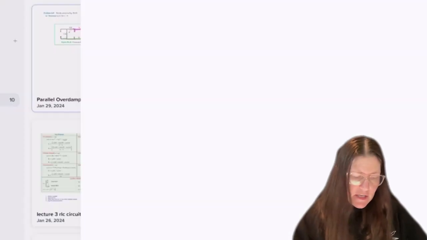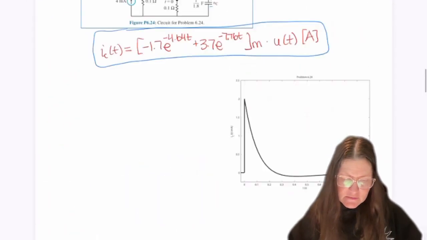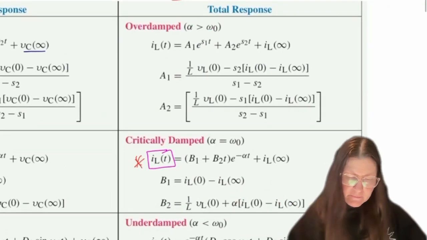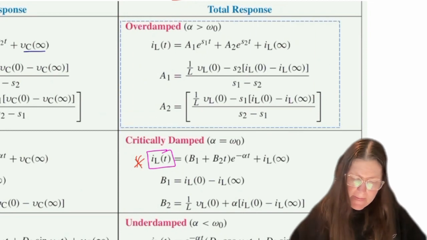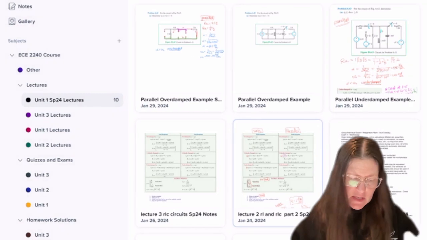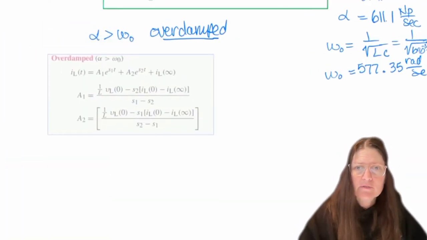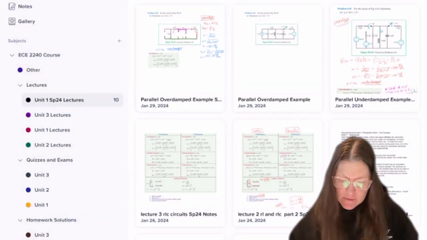So for overdamped, I'm going to go back to the equation set for overdamped and grab the parallel for overdamped. So in this one, I need S1 and S2, which are going to be the characteristic roots. So let me grab the equations for those.